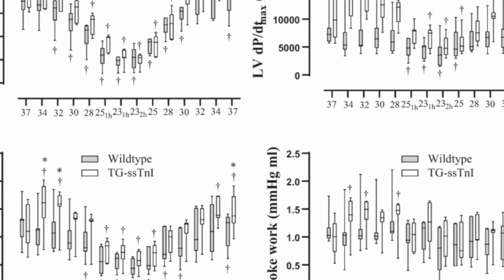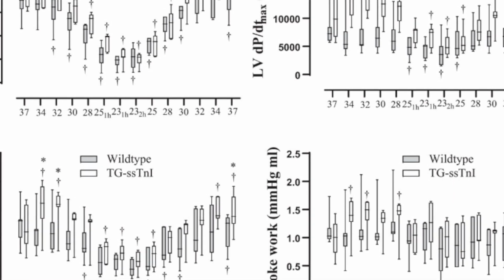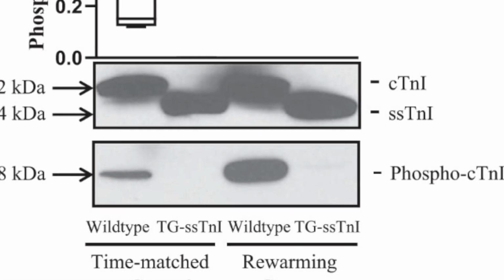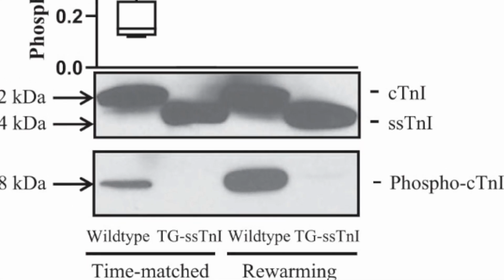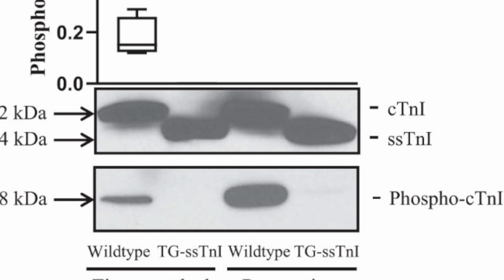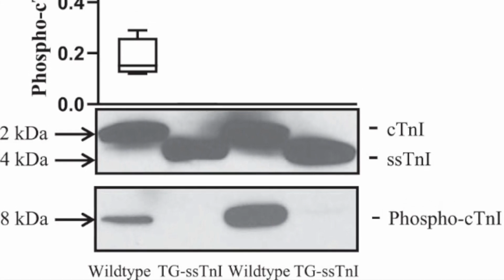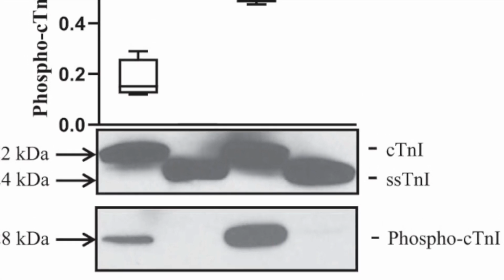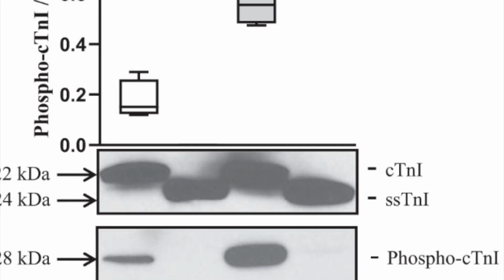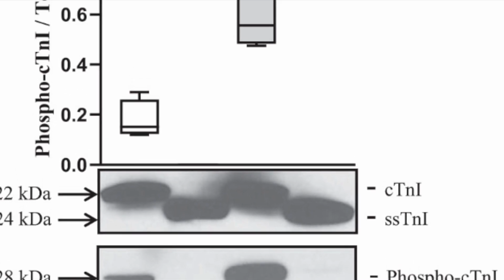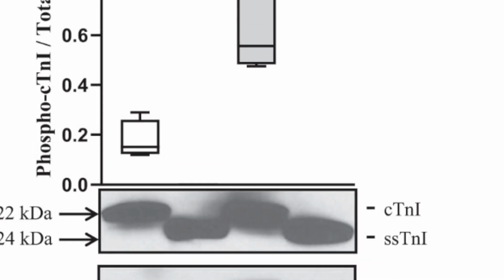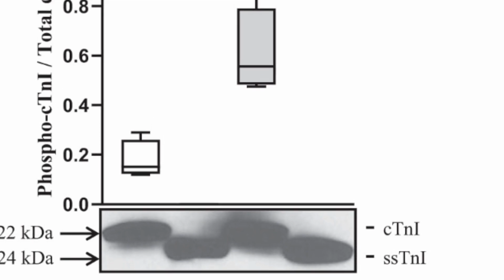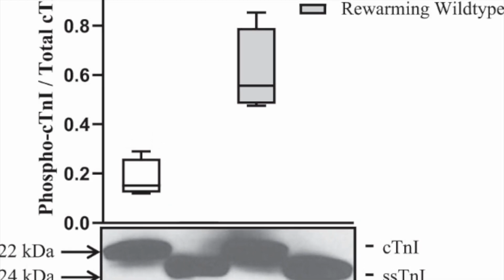At baseline conditions, there were no significant differences in LV systolic function between wild-type and transgenic troponin I mice, whereas measurements of diastolic function, isovolumetric relaxation constant, and end-diastolic pressure-volume relationships were significantly reduced in transgenic skeletal muscle troponin I animals.